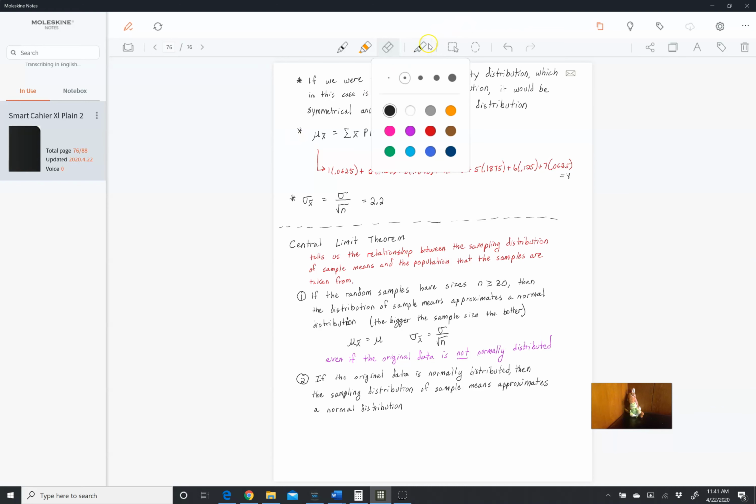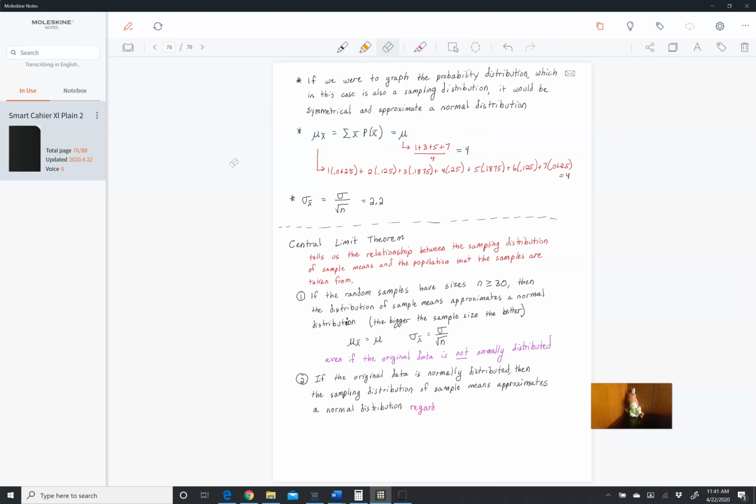Regardless of sample size. So n could be anything. N can be any number.